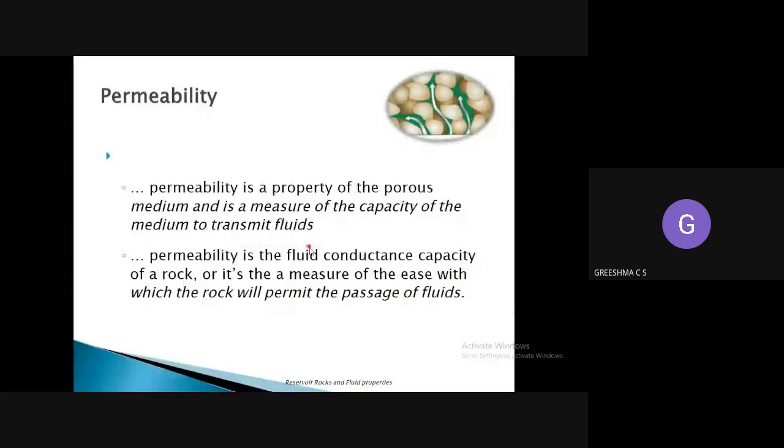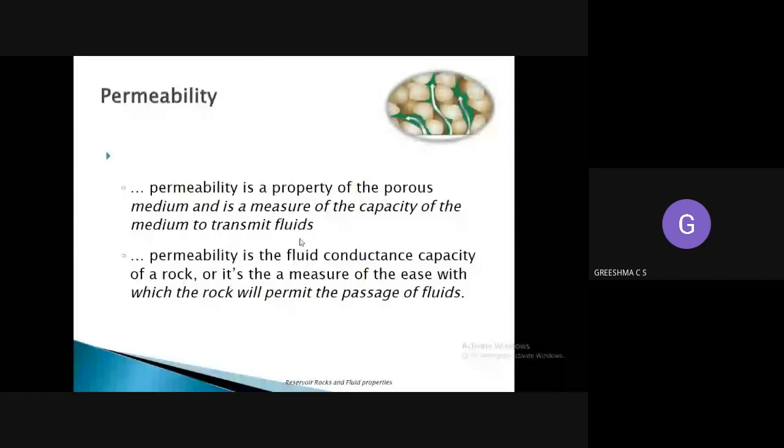How much fluid can be transmitted through a rock mass, that measure is called permeability. In some rocks it will be very permeable, some will be low permeable, so we measure different types of rock. If you take clay, it is a low permeable material because it won't allow the water to pass through it.